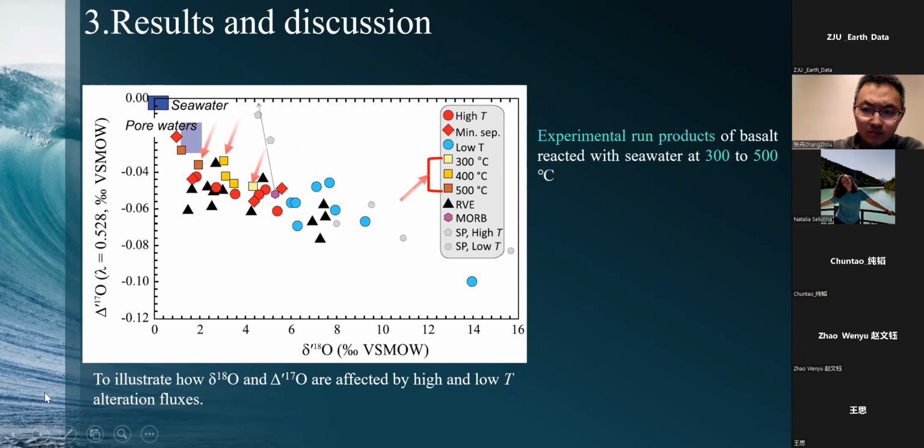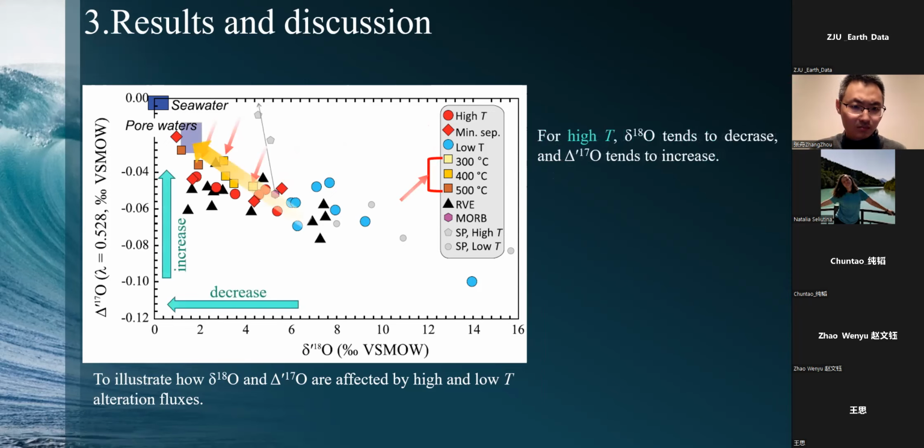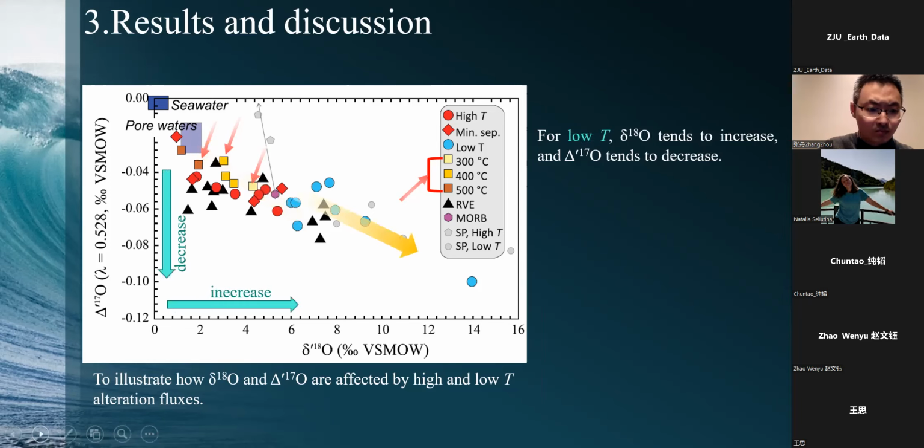These are the experimental reaction products of basalt reacted with seawater at pretty high temperature. We can see that for the high temperature, the capital delta 17 value tends to decrease, and the delta 18 value tends to increase. And for the low temperature, we can see that the influence is converse.